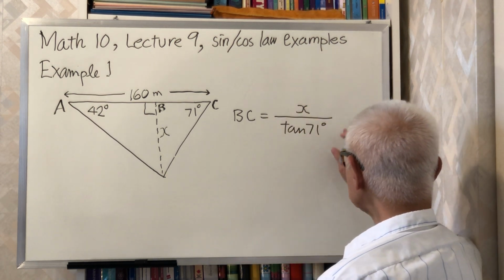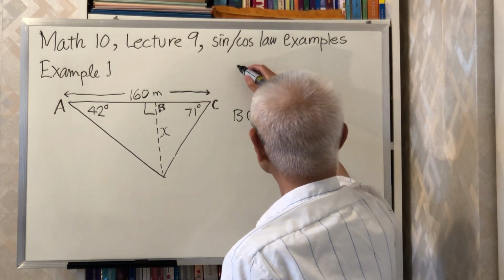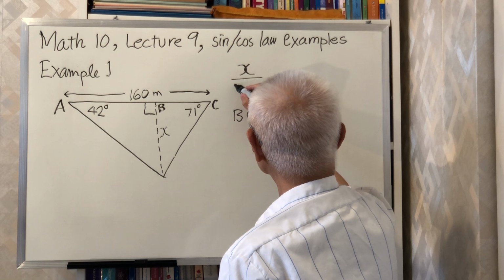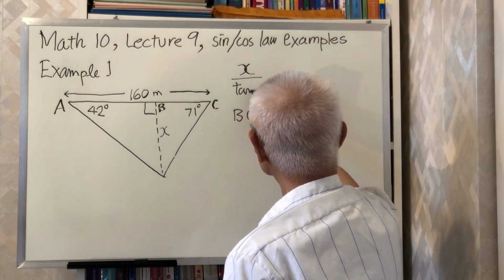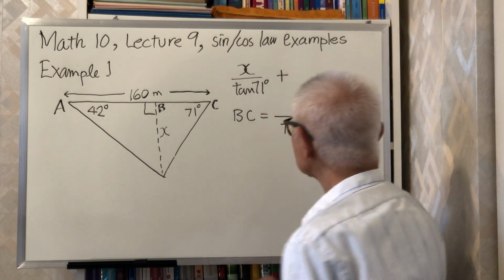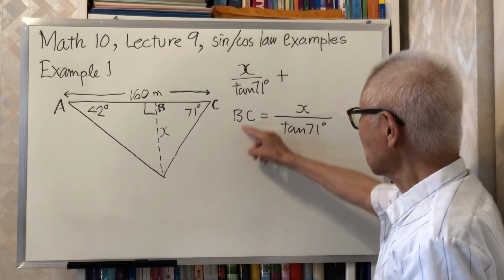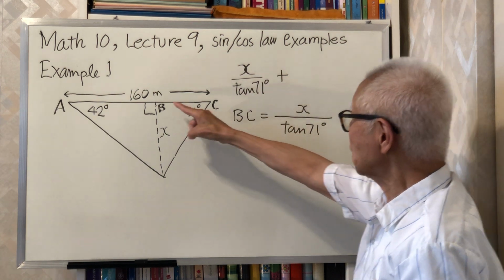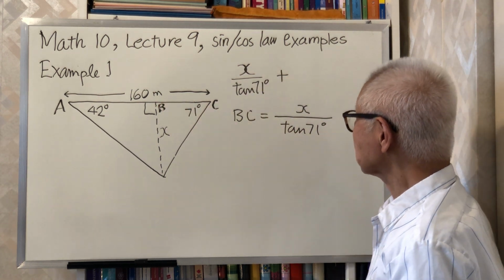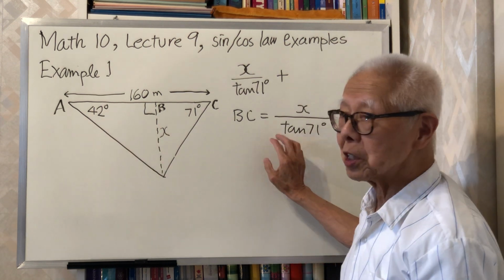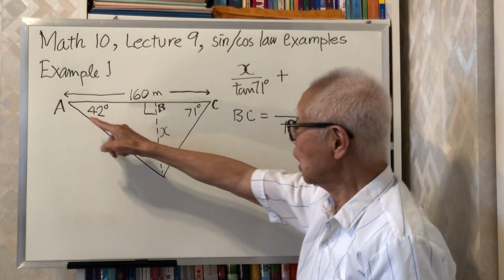Let me repeat this. I have shown this is BC. Now what is AB? It's very similar to that.